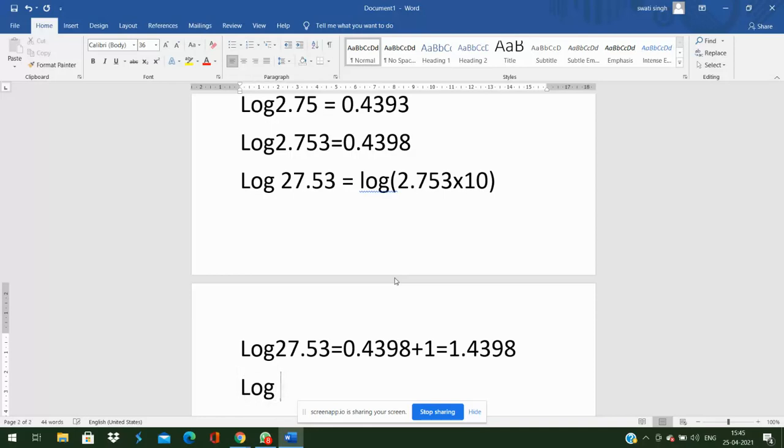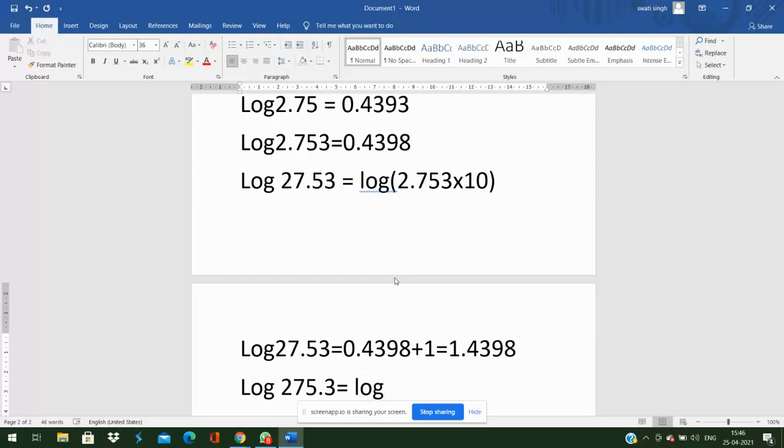Again I am going to take the same value, through this you will understand in a far better way. Like, it has been given 275.3. Now I am going to convert it to a value where there is only 1 digit before the decimal.